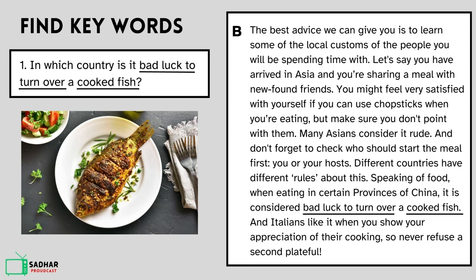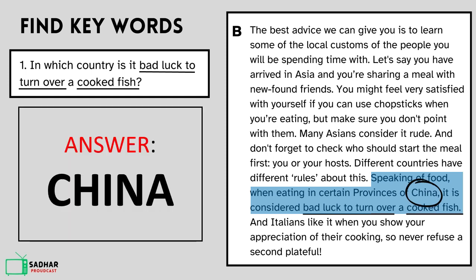So it's also there, bad luck to turn over. And then we read the sentence. Speaking of food, when eating in certain provinces of China, it is considered bad luck to turn over a cooked fish. In which country? Now we know the answer is China. Yes, the answer is China.